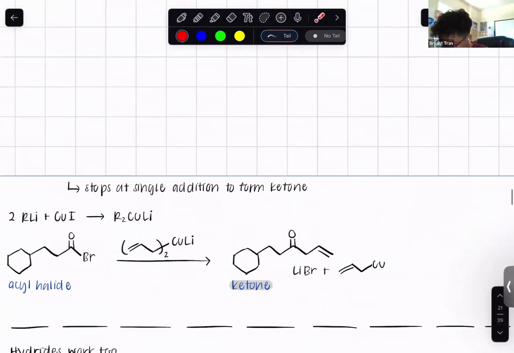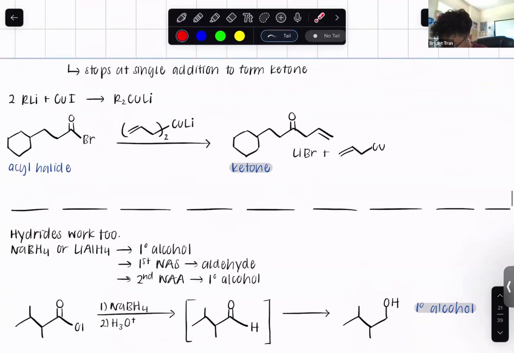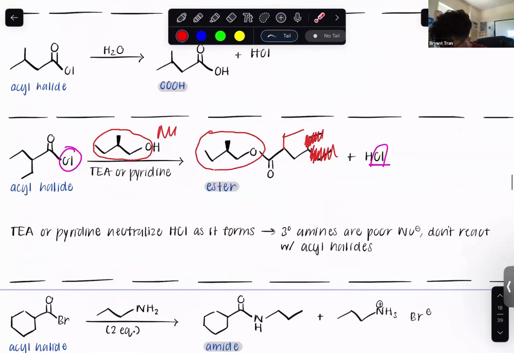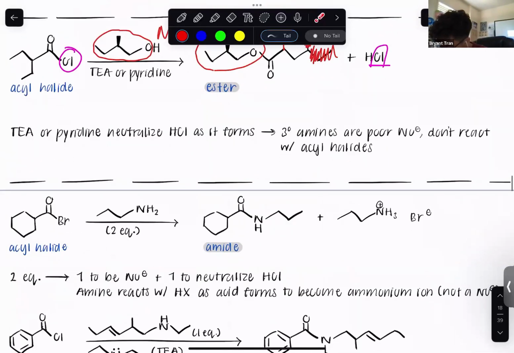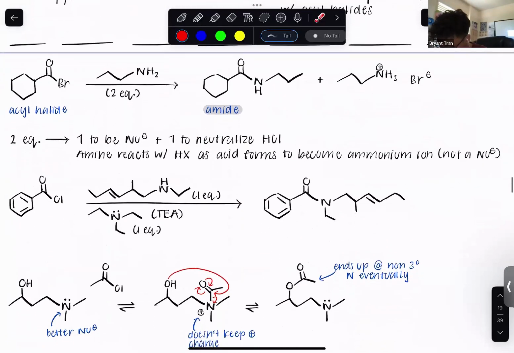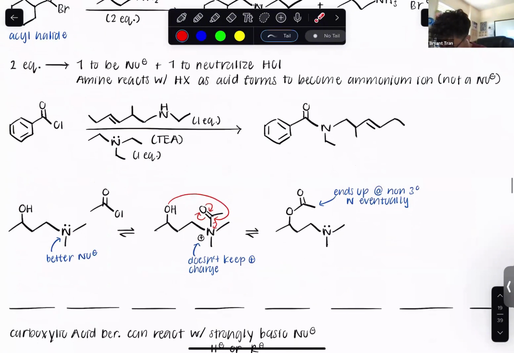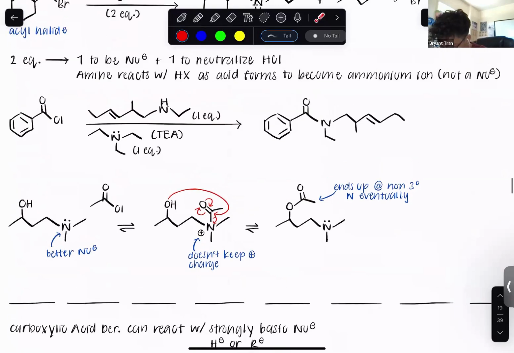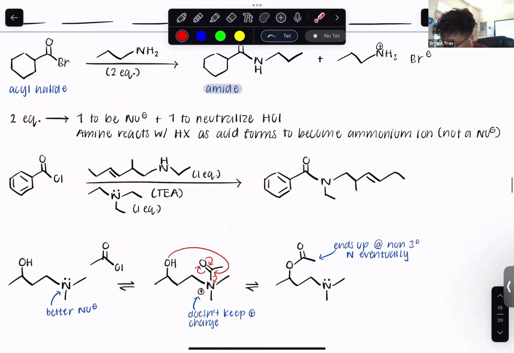So the next one here is going to be this acyl halide reacting with an amine, one equivalent, to form this amide, right?